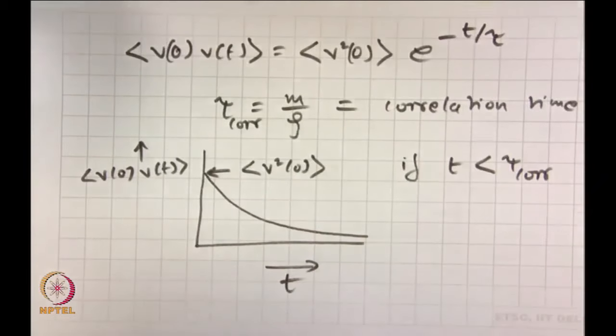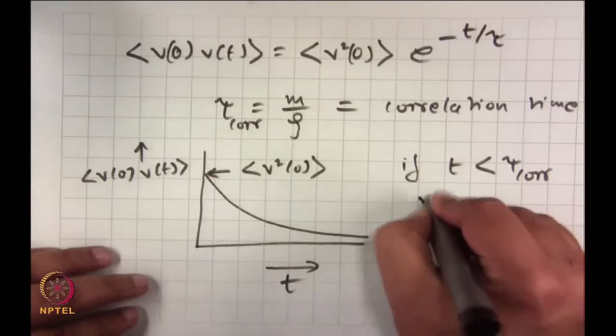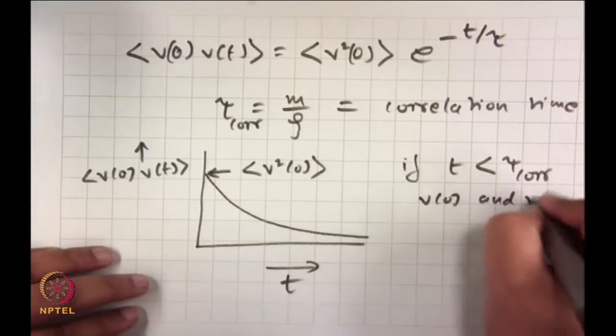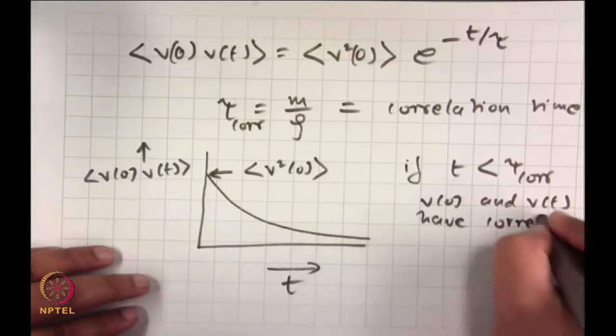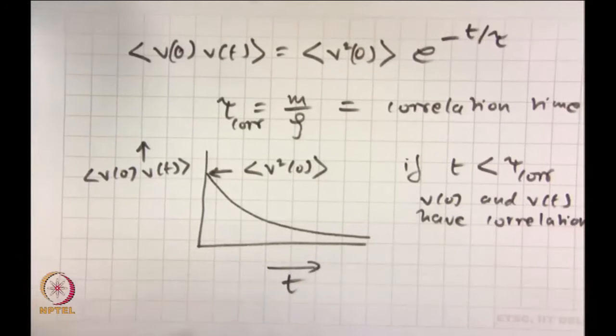If t is less than tau correlation, that means for any time less than tau correlation, my velocities would be correlated. That means v 0 and v of t have correlation. It still retains some memory of its initial condition, starting point.